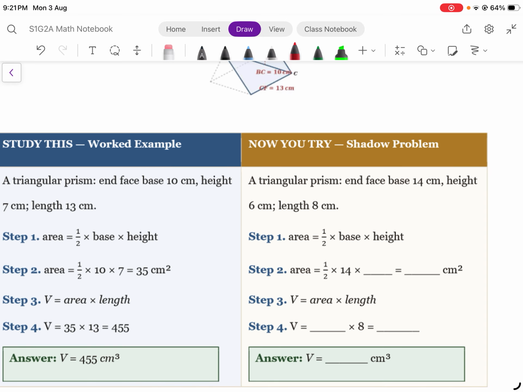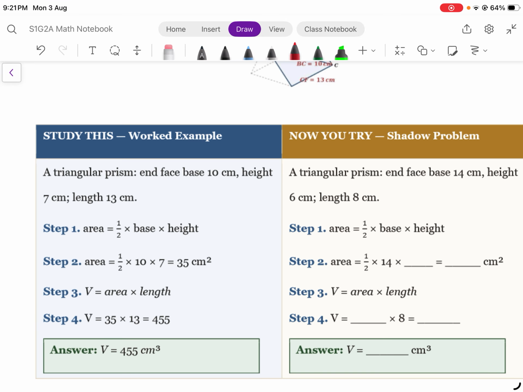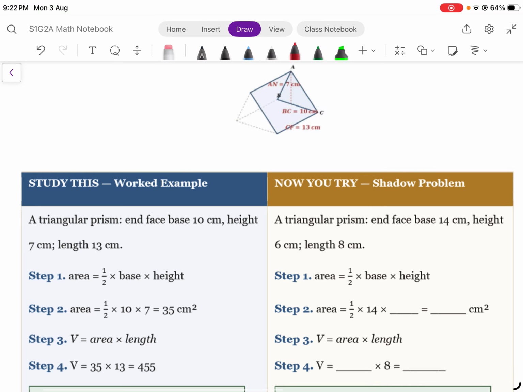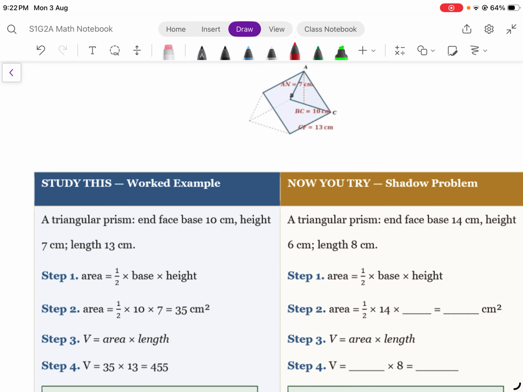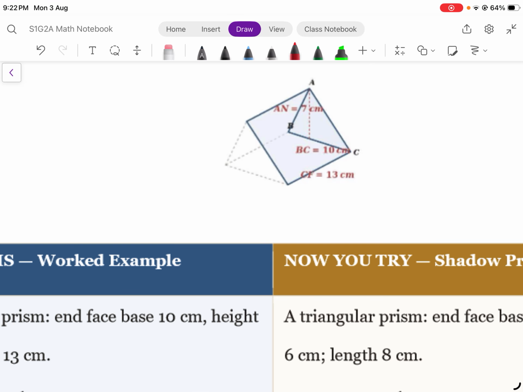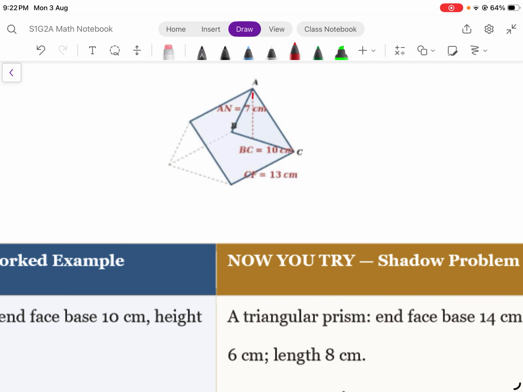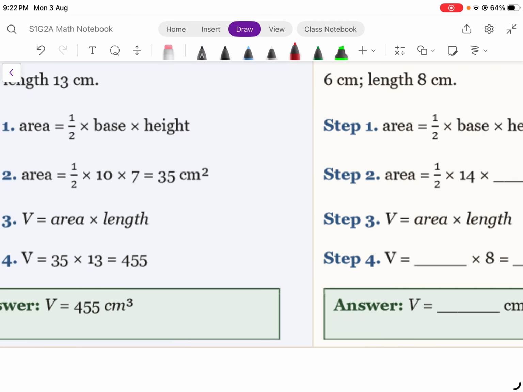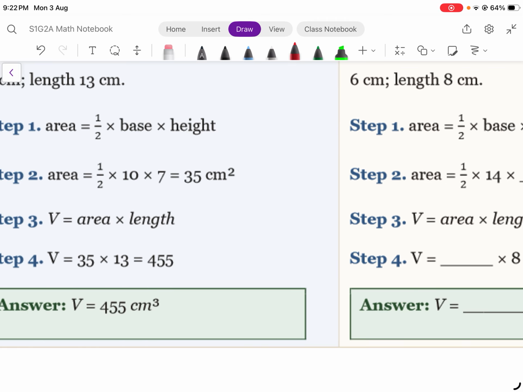Area equals half times base times height. Your base is 10, and take note, this is your perpendicular height, which is 7. So half times 10 times 7 is 35.